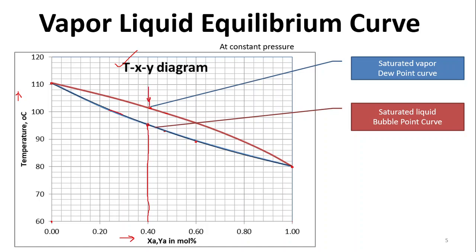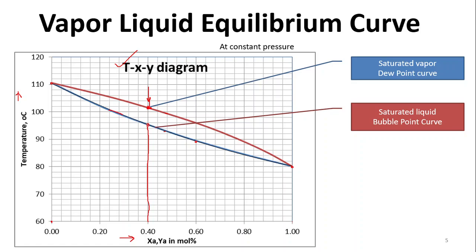For example, for the same 40%, this 0.4 is vapor phase, and when it condenses, you see that this is the dew point. It comes around 100, maybe 102 degrees Celsius. So at the same composition, the dew point is 102 degrees Celsius and the bubble point is about 96 degrees Celsius.